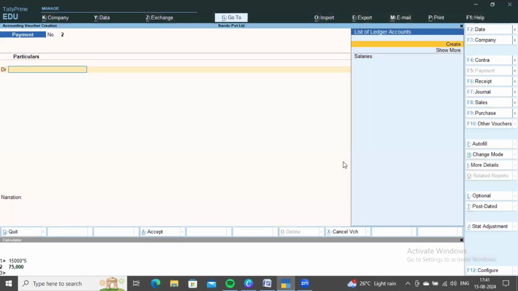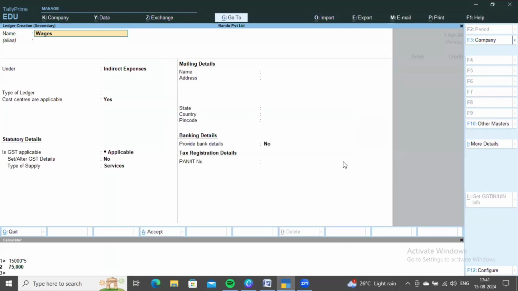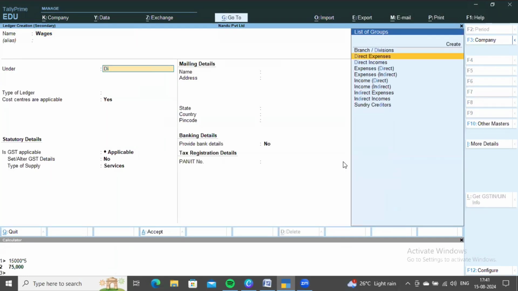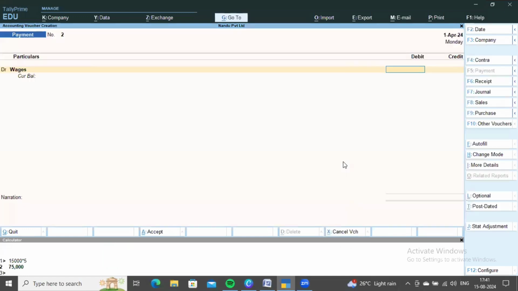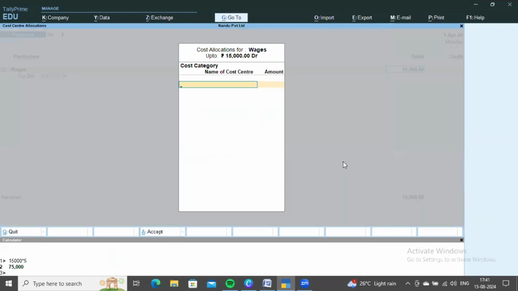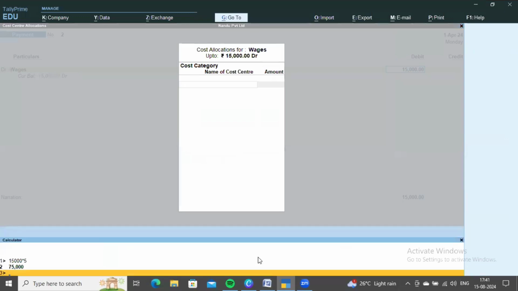First of all, you need to create a wages account as you are paying wages, under direct expenses, and you need to debit 15,000 here because this 15,000 is equally distributed among the 5 members. First go to the calculator and divide 15,000 by 5. How much? 3,000 each.